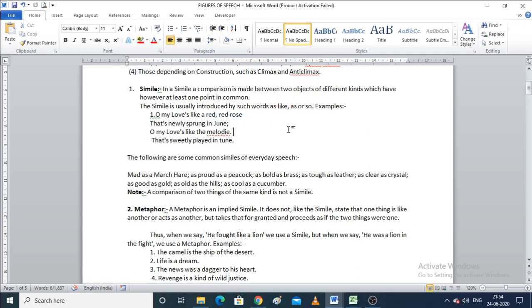So how do we know that we have used simile as a literary device here? Because we have the word like in this phrase. So we get to know, okay, that this is a comparison and this is particularly a simile phrase of a poem.